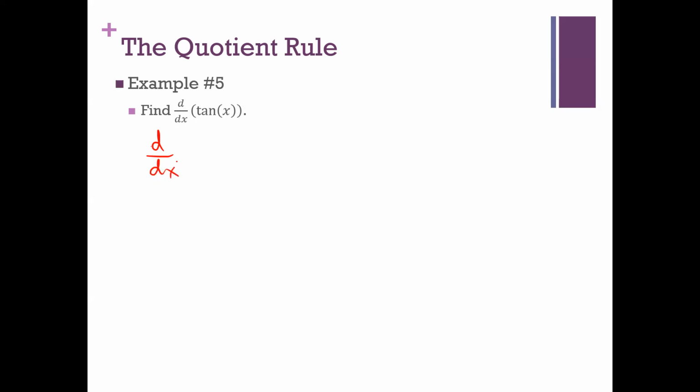Right now we don't know what the derivative of tangent x is, but we can decompose it like this: the derivative of sine of x over cosine of x. What is that derivative? Negative cosine sine. No. So you cannot just take the derivative of the numerator. Oh, yes, actually. Yeah, so quotient, I've got to use that. So let's go through that.